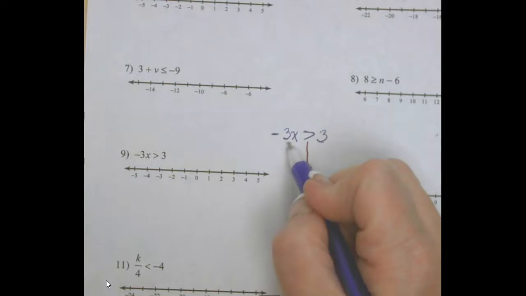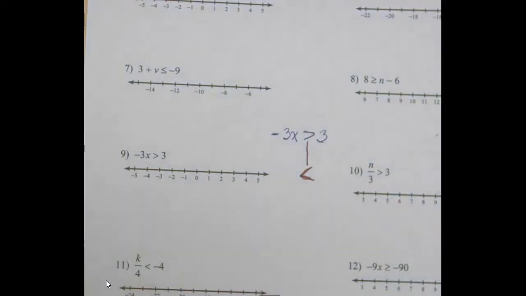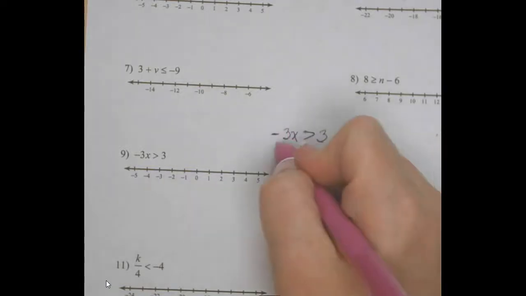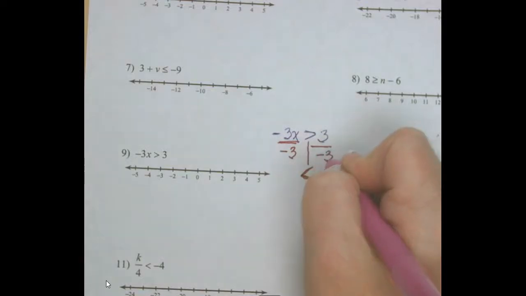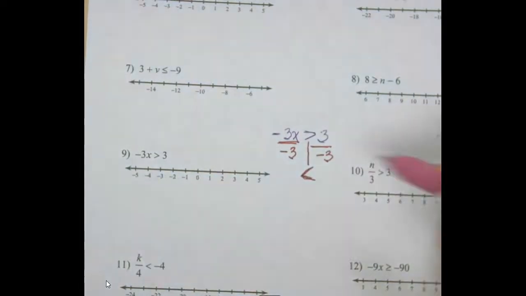This is a negative 3 multiplying. What's the inverse to multiplying? Divide. So I'm going to divide both sides by negative 3.